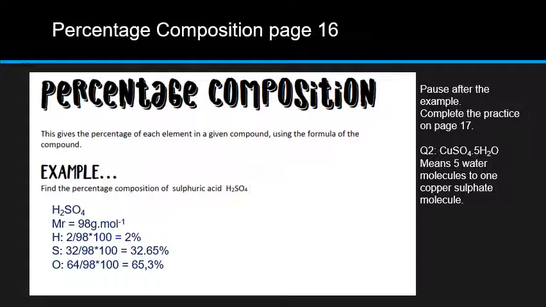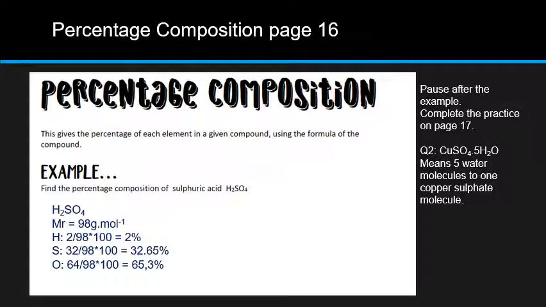You're going to work out your molecular mass. And then from that, for each element involved in the compound, you are going to calculate the percentage composition using the molecular mass and multiplying it by 100. So please write this in now at the bottom of page 16.